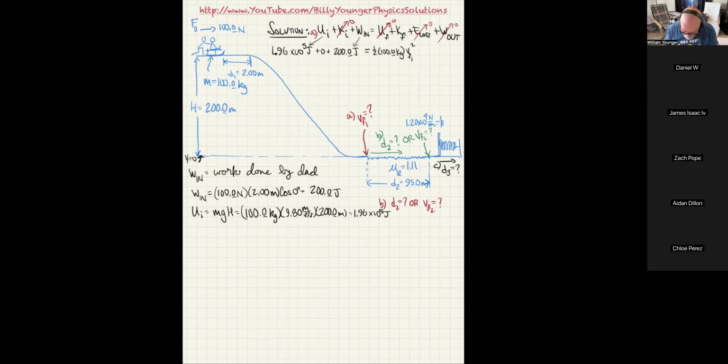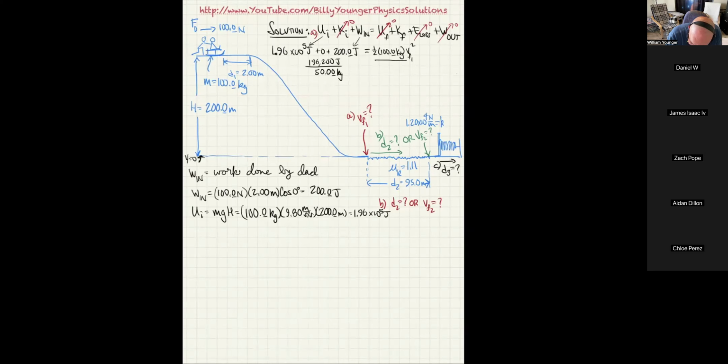So this gives me 196,200 joules, and then I'm going to divide both sides by, so 196,200 joules. I'm going to divide that by 50.00 kilograms. That's from the 1/2 times 100 that's happening here.